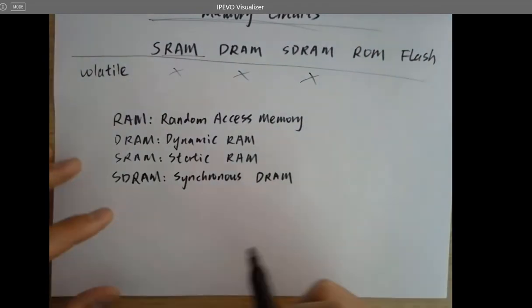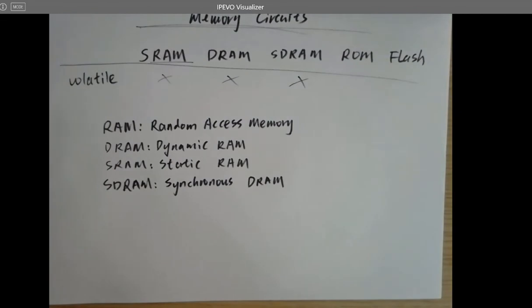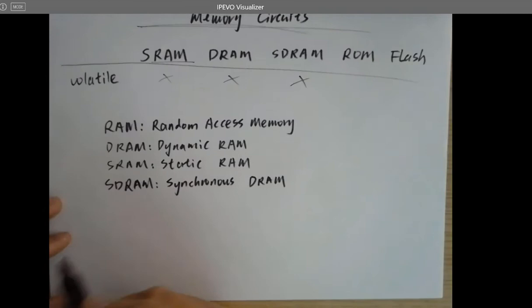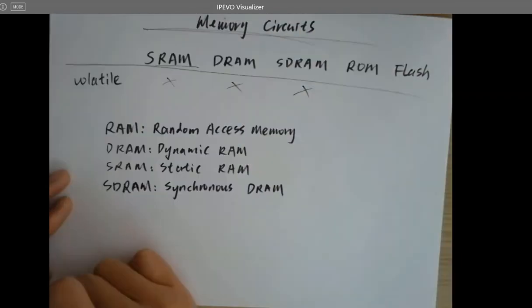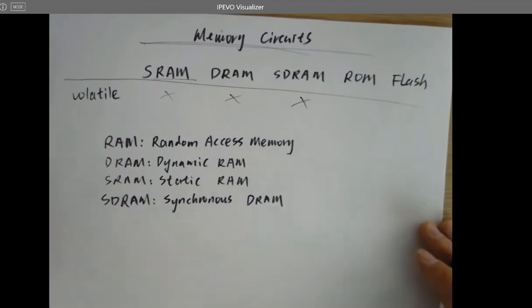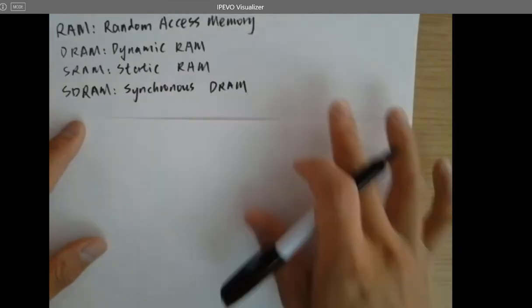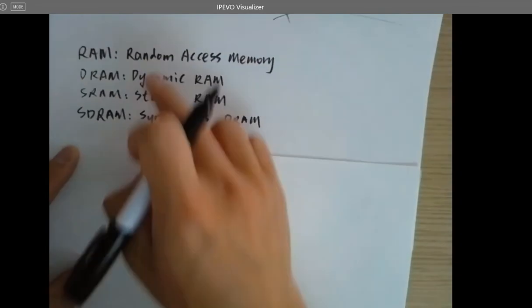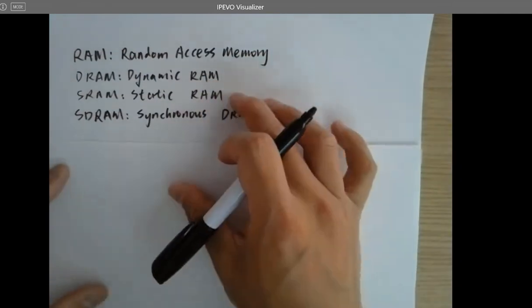So which is being used for the cache, and which one is being used as a card off the chip of the CPU? Let's draw a table. That will probably be a better way to summarize everything. So it's mainly SRAM and DRAM, right? SDRAM is also DRAM.